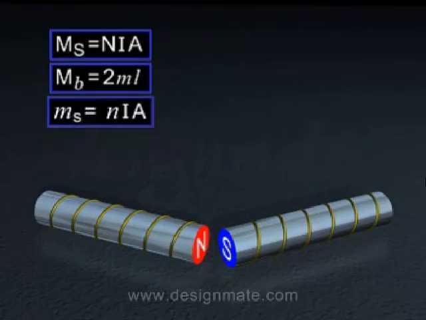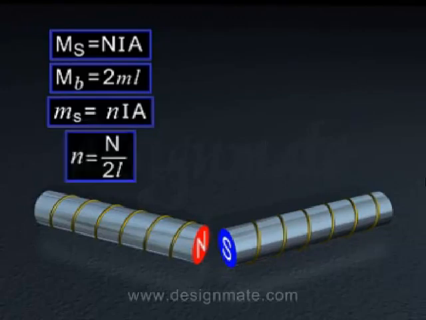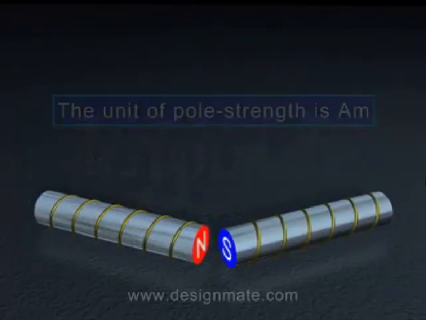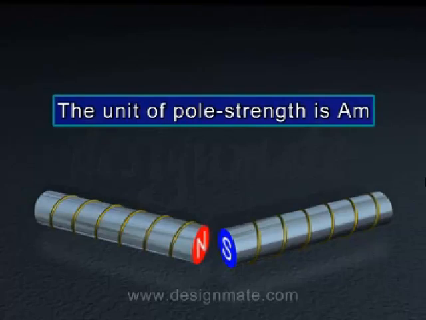Therefore, ms = nIA, where n = N/2L is equal to the number of turns per unit length of the solenoid. Pole strength of solenoid is equal to number of turns per unit length times electric current times cross-sectional area of the solenoid. The unit of pole strength is A m.